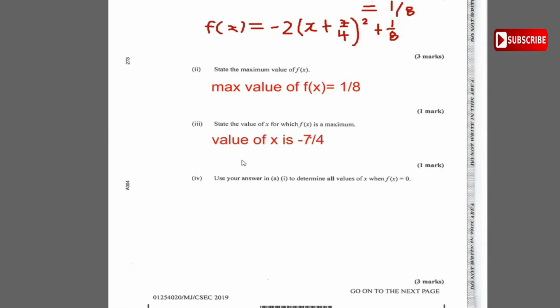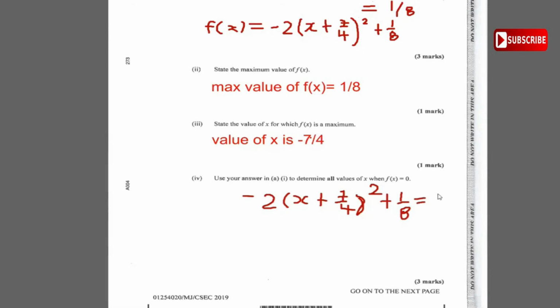So if we're using this vertex form to solve for the roots, we're solving minus 2 times X plus 7 over 4 all squared plus 1 over 8. So we're using this plus 1 over 8 and we're solving this equal to 0. This is a method that they want us to use.